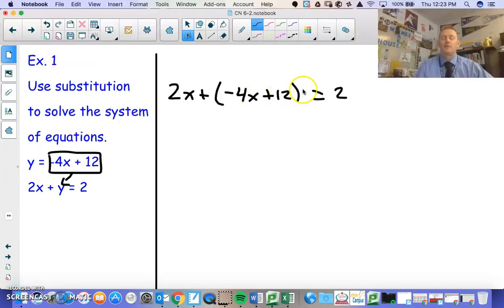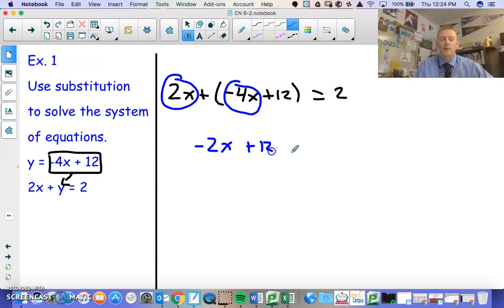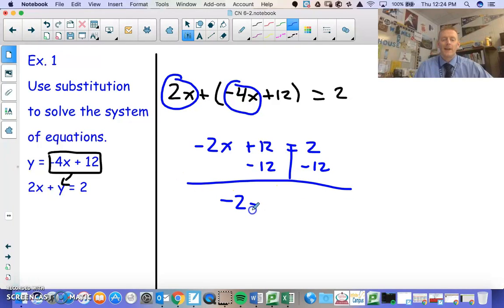So our job is to just solve this equation now. You'll notice that we have these like terms of a 2x and a negative 4x, which is a negative 2x, and then that plus 12 just comes down, and now we can solve this. So we're going to solve by getting rid of that 12 by subtracting 12 from both sides. And we get ourselves one of those beautiful negative 2x is equal to negative 10.